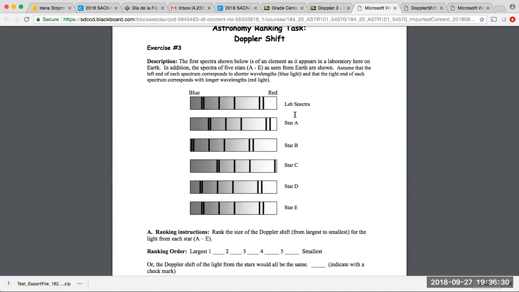First, tell me, how do you make your call? You need to look at the blue and the red, and see which one is the farthest to the left, that would be the greatest blue shift. And the one that's the farthest to the right would be the greatest red shift.